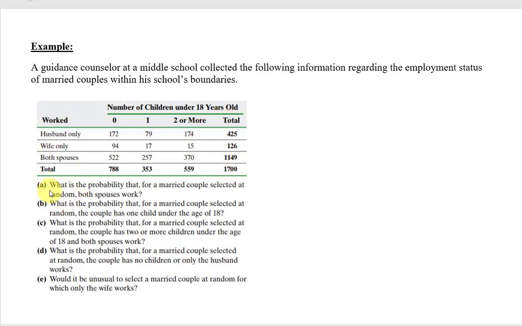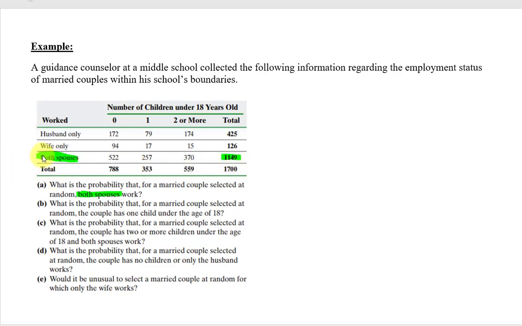The first question: what is the probability that for a married couple selected at random, both spouses work? The key point is both spouses work. For everything, the 1,700 married couples within the school's boundary, we have 1,149 with both spouses working.